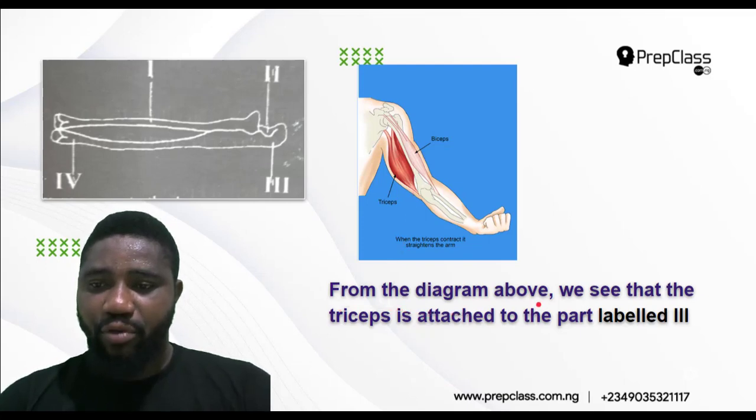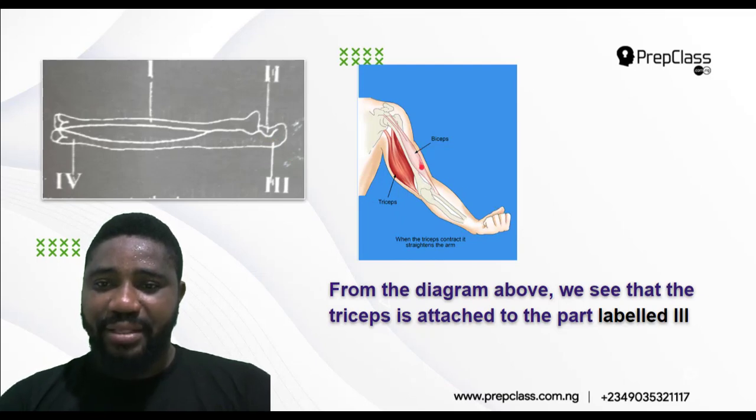So from the diagram above, we see that the triceps is attached to the part labeled 3. So you can see the triceps is attached to the bone here, which is the back and not the front. The biceps is attached to the part labeled 2, the one around this side, the one in the front, while the triceps is attached to the part labeled 3, which is the back.